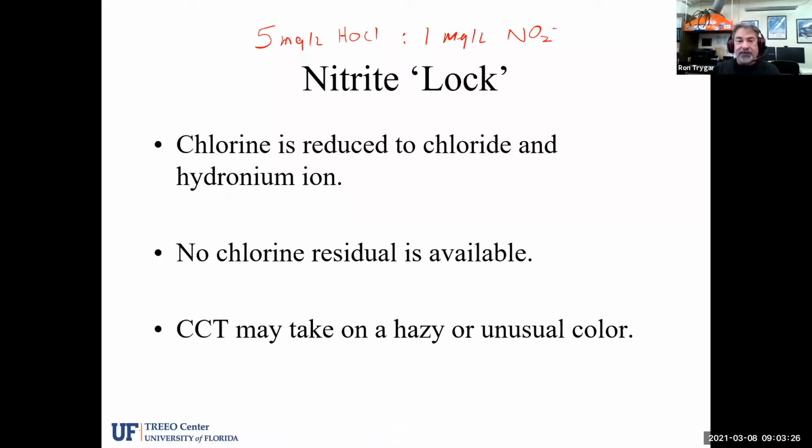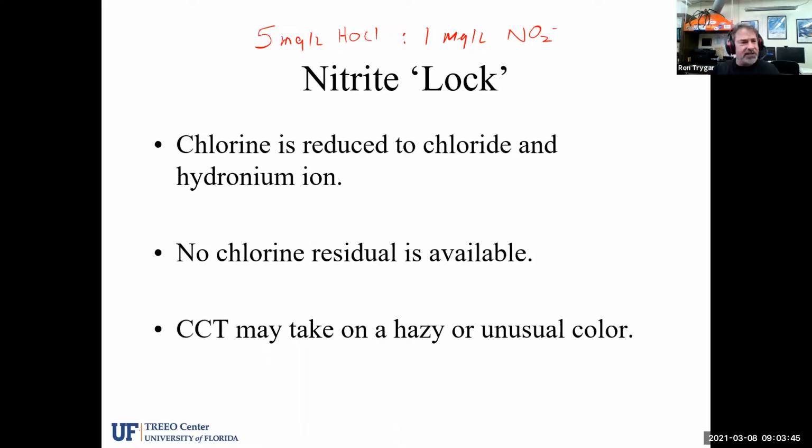So roughly 5 parts of the chlorine that's dosed into the water, not the residual, because you don't have a residual yet, but the chlorine dosed into the water and becoming HOCl, is going to be used up by 1 milligram of nitrite.